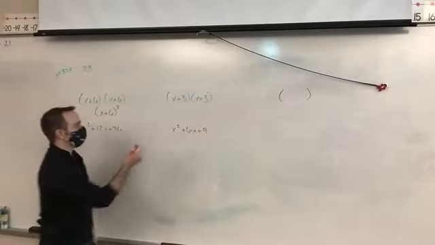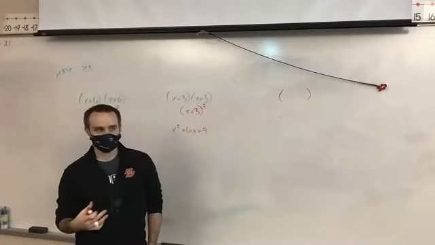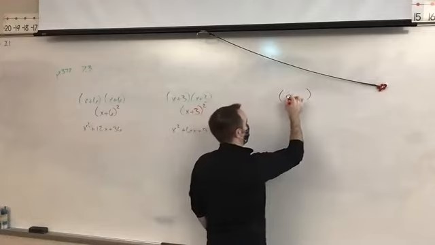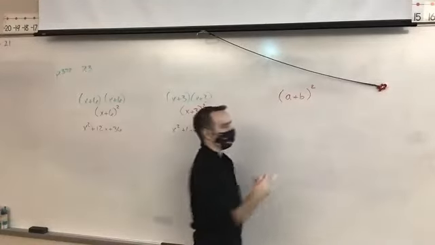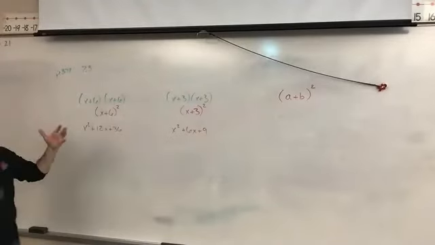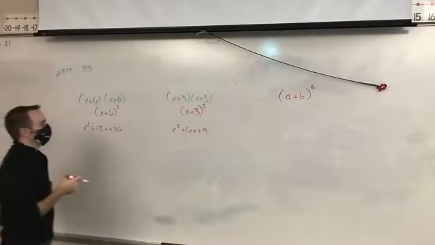All right, so we know we can see it as that squared. I'm going to give the general form over here on the right as just a plus b squared. Just a general a plus b. A could be anything, b could be anything. This is just a general format for it.